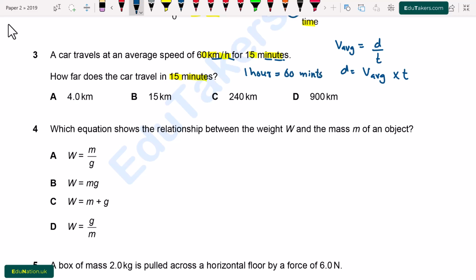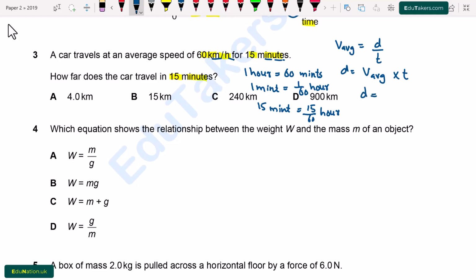From here, 1 minute is equal to 1 over 60 hour. And then 15 minutes is equal to 15 over 60 hour. So I put value here.